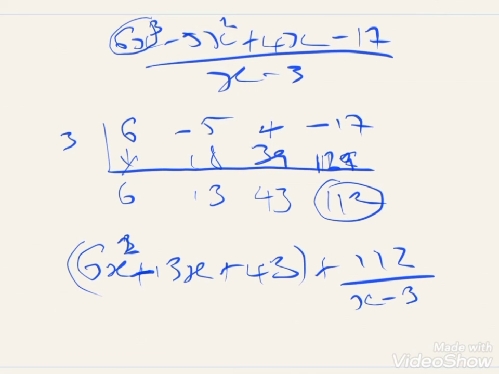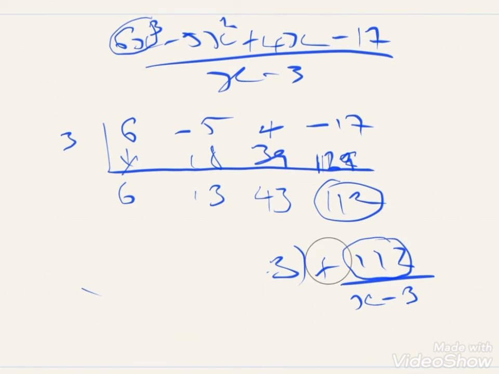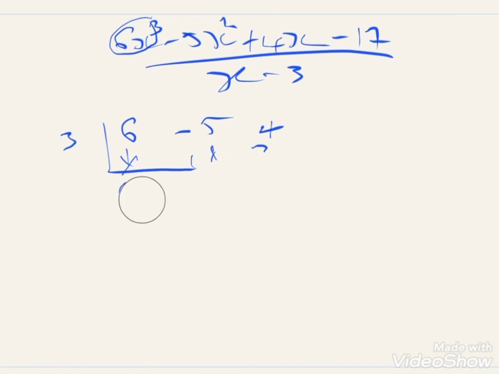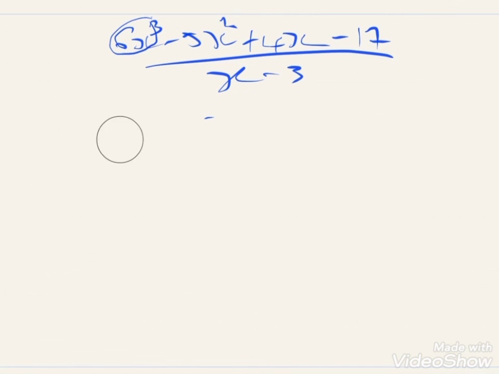So it also shows that if I substitute directly into the numerator using 3, I will also have what? 112. Let's do that so that we quit. Hope you are not finding this difficult. I'm doing this fast because I have taught with the same question how we can synthetically divide a polynomial expression. So by direct substitution, we let x be equal to 3.